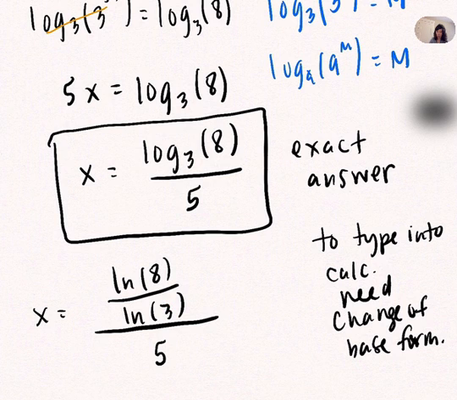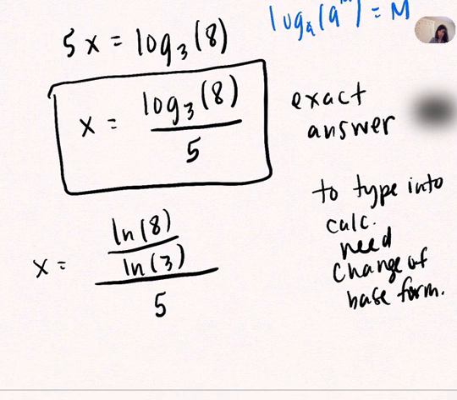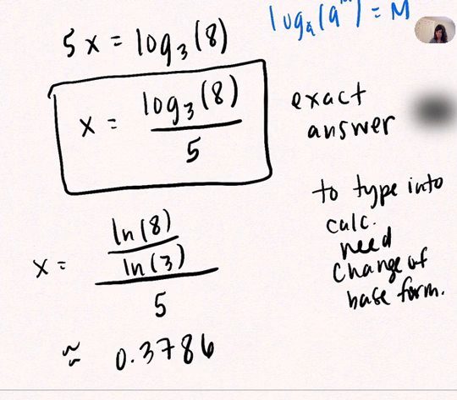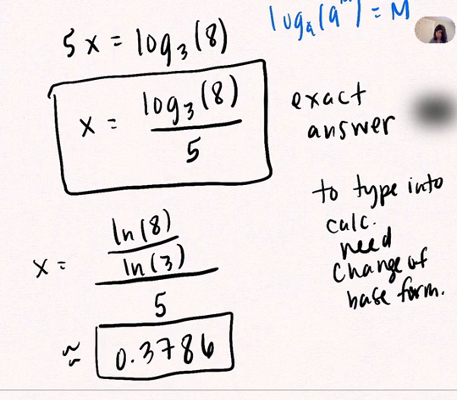So I'm rewriting log base 3 of 8 as ln of 8 over ln of 3 using the change of base formula. Now we can type this into our calculator, and if you do that, you should get 0.3786 if you round to 4 decimal places. So this is called the rounded answer.